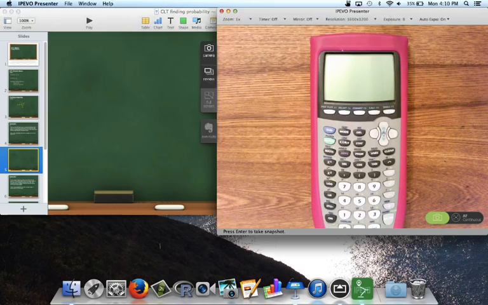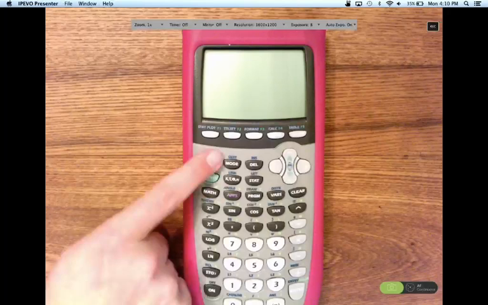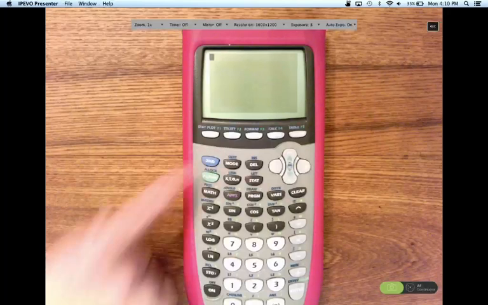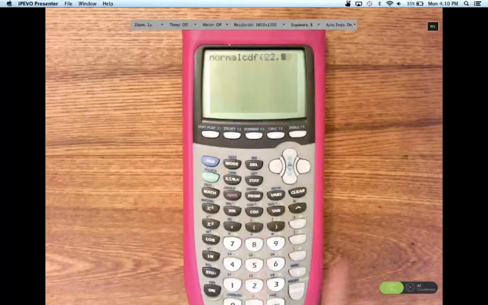And so what we have here is, remember, you want to go to second. It does help if you turn it on. You want to go second VARS. You want to go down to normal CDF. Here, our lower bound is going to be the 22.5. We're looking to see if the probability is greater. And so that's going to make the 22.5 our lower bound.